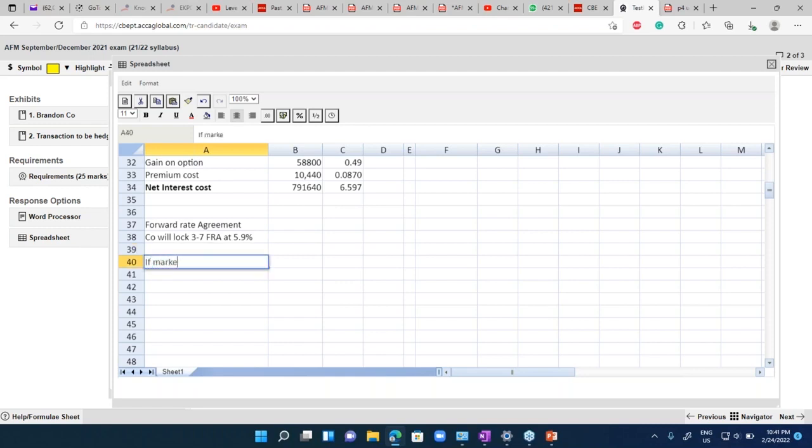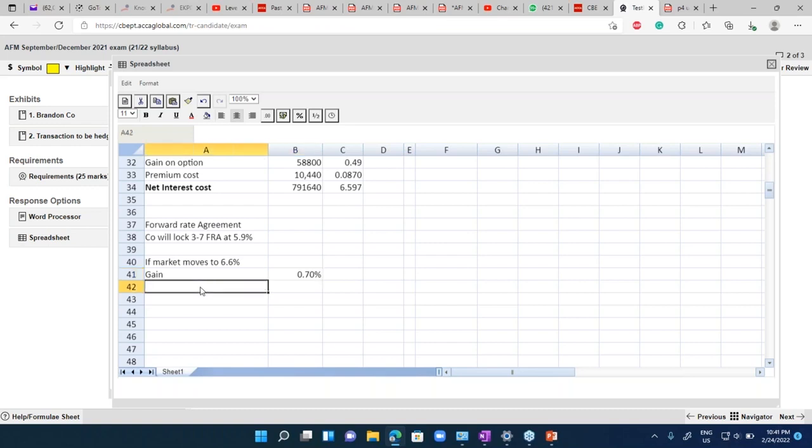If the market moves to 6.6%, we have locked at 5.9, so we have a gain of how much? 6.6 minus 5.9, a gain of 0.7%.